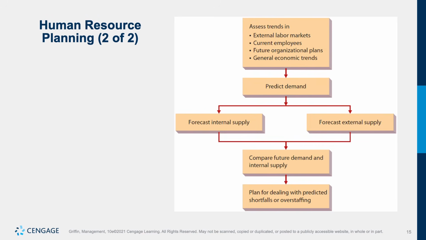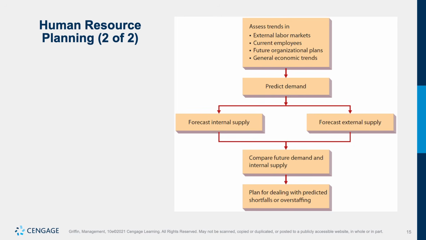This diagram on human resource planning basically enumerates the phases in human resource planning, right? And you can see that at the top of the process, you start with assessing trends in the external labor markets, right?